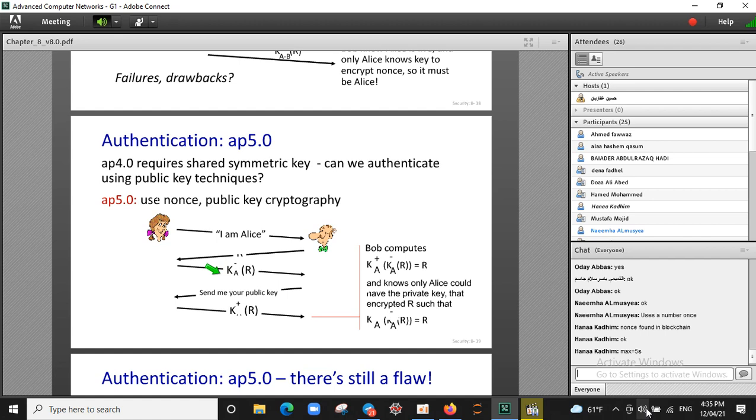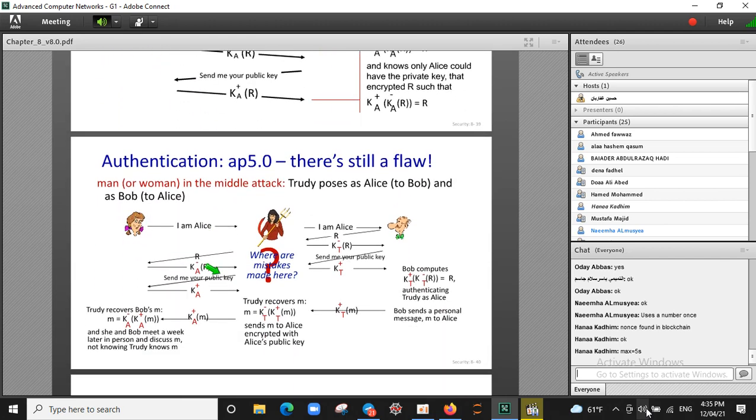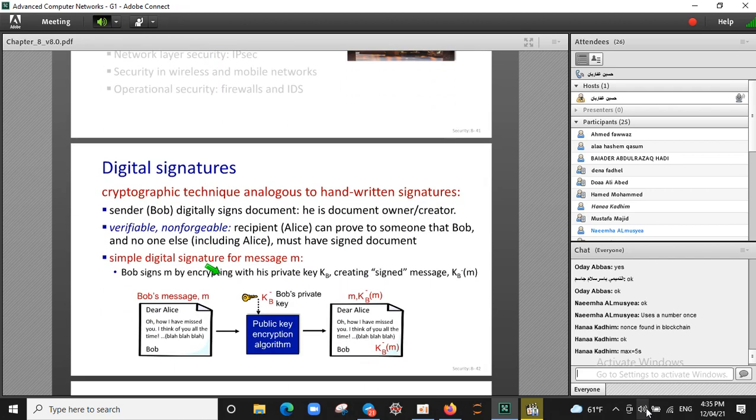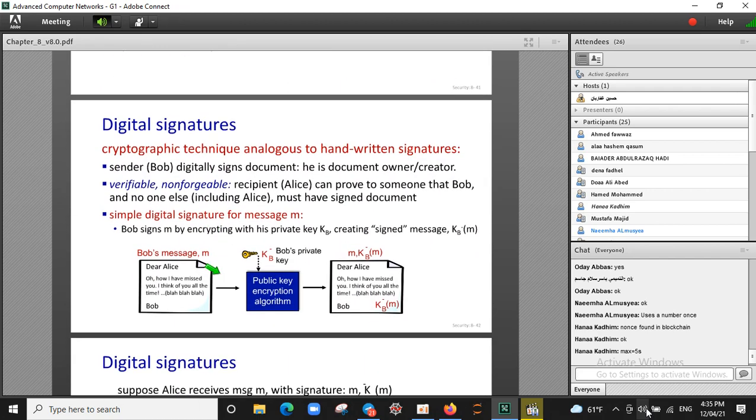So in anti-theft systems, security systems in cars or in homes, we have to use the nonce strategy. Otherwise, a Trudy can come and steal my car or my home.